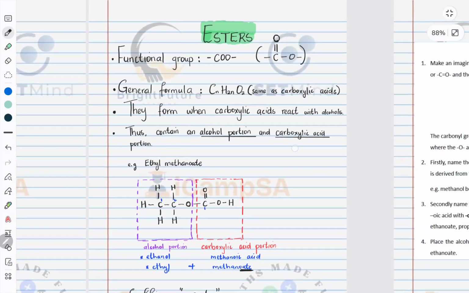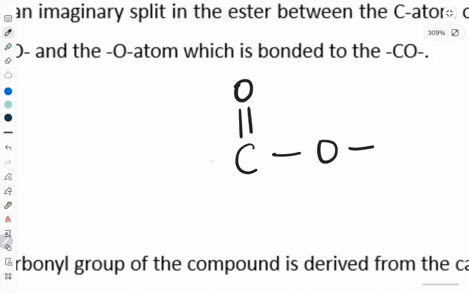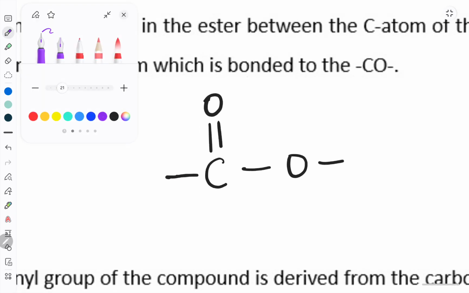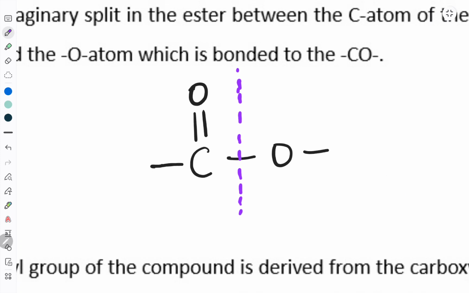That's our functional group. We split it here, and anything on the side of the O is what would have been our alcohol, and we will name it the same way we would name an alkyl group.